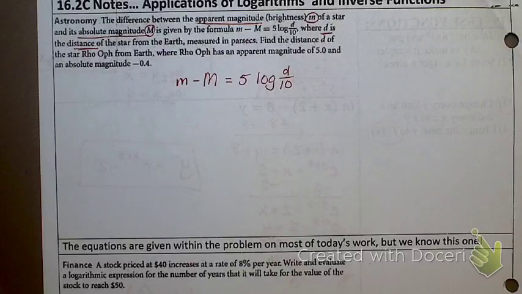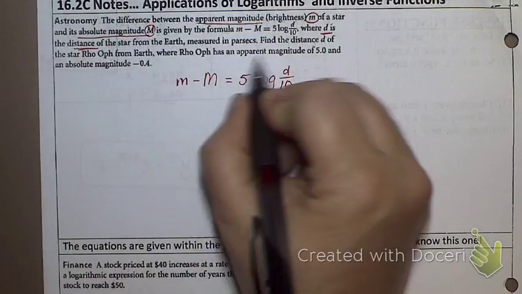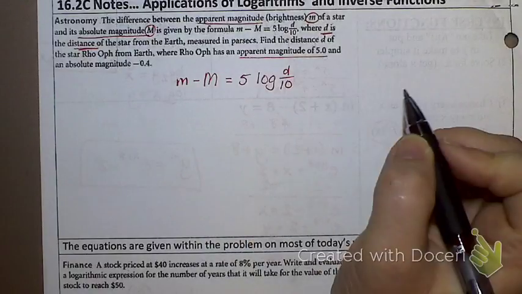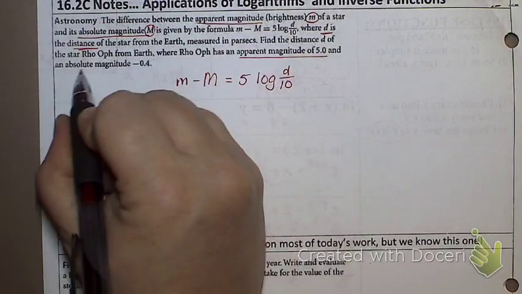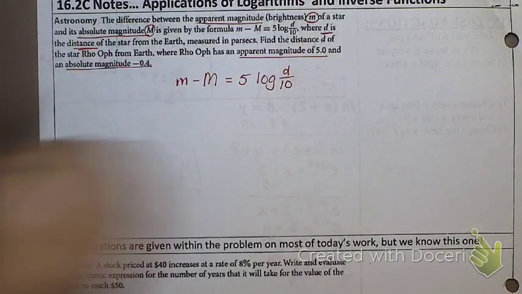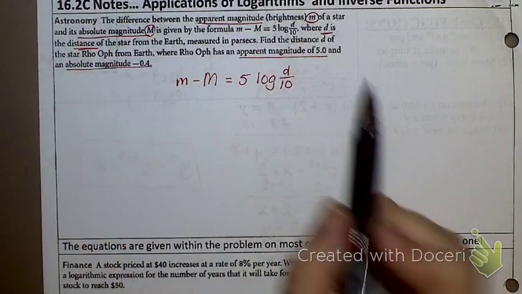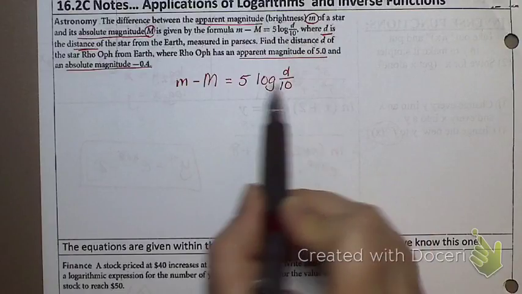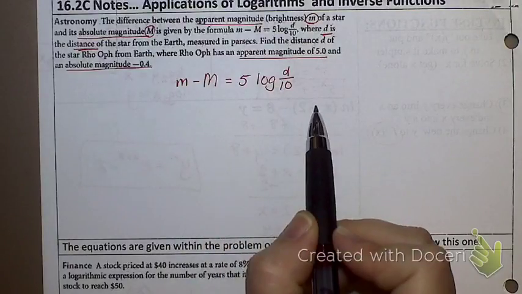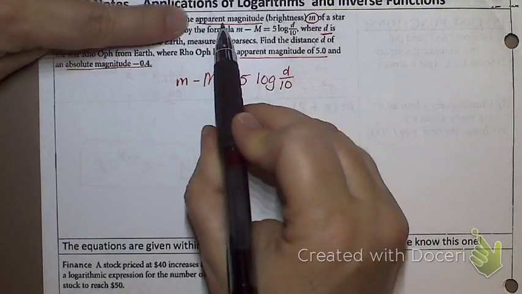Find the distance of the star Rho Oph from Earth, where Rho Oph has an apparent magnitude of 5.0 and an absolute magnitude of negative 0.4. So if they're telling me the apparent magnitude is 5.0, what letter am I plugging that in for in my equation? Little m, right?